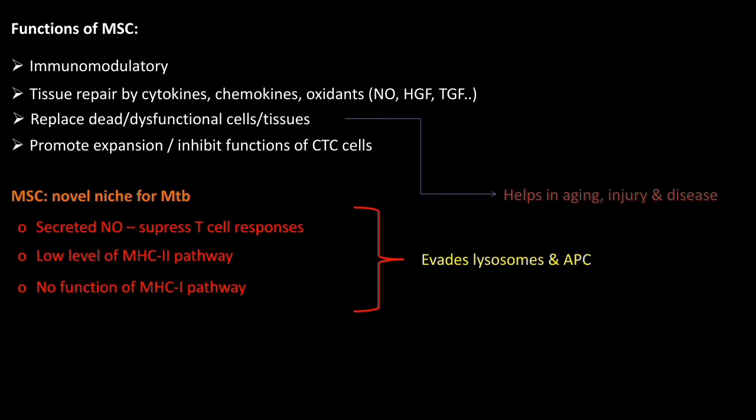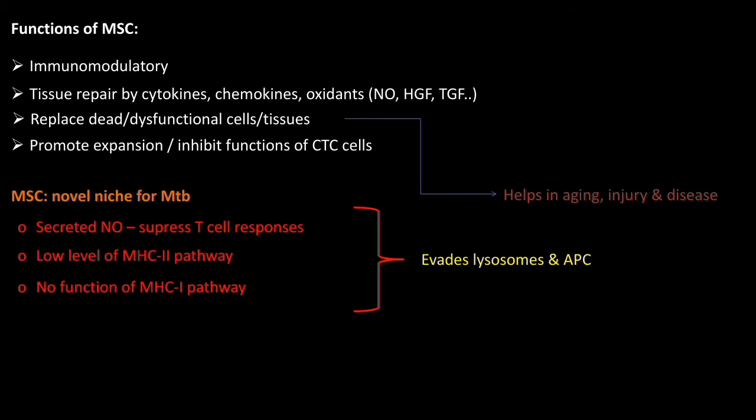They replace dead and dysfunctional cells or tissues. They also promote expansion, and they inhibit the functions of cytotoxic T cells. Due to this, some researchers suggest that mesenchymal stem cells may act as a novel niche for the survival of tuberculosis.